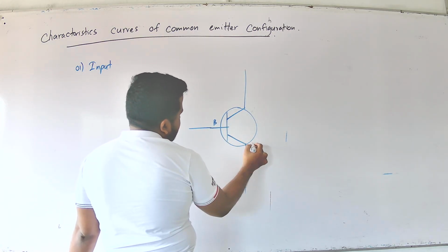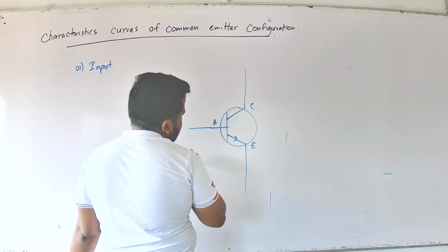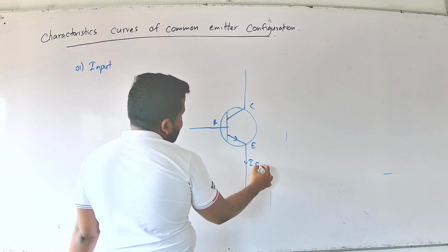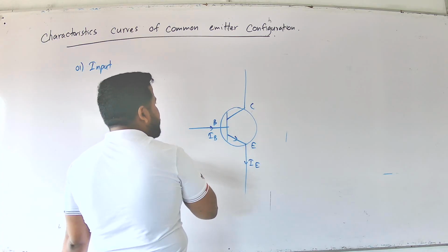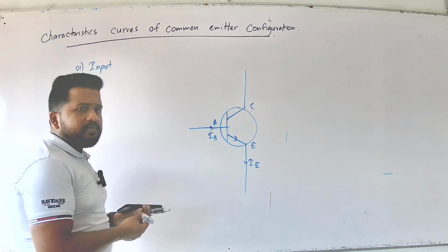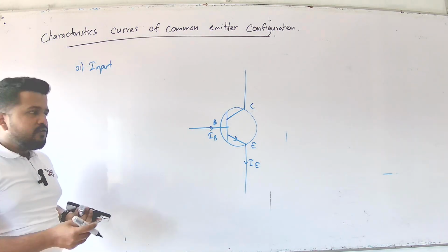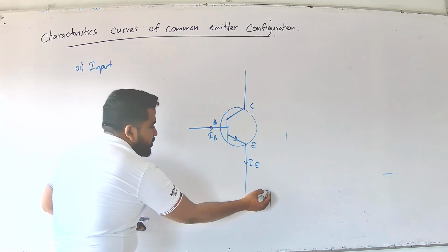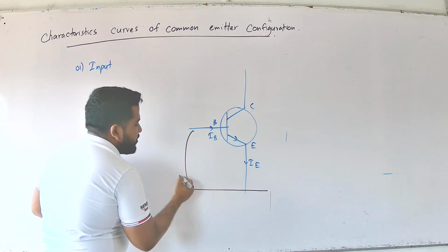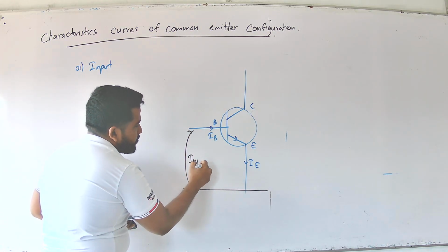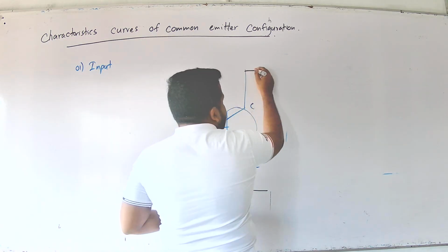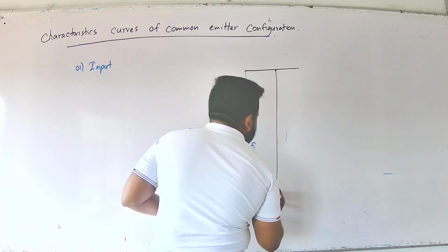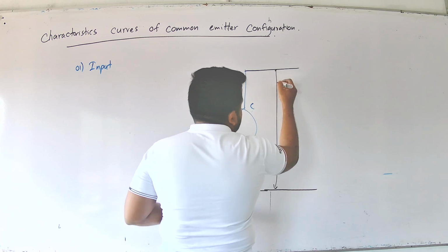Make a base, make an emitter, make a collector, make a current, here goes IE, so IB. So what are the input parameters? Input means this one. We give input, then we get the output.